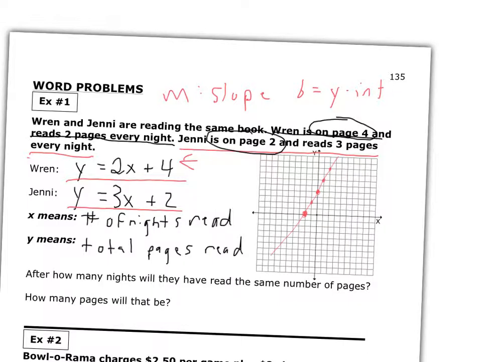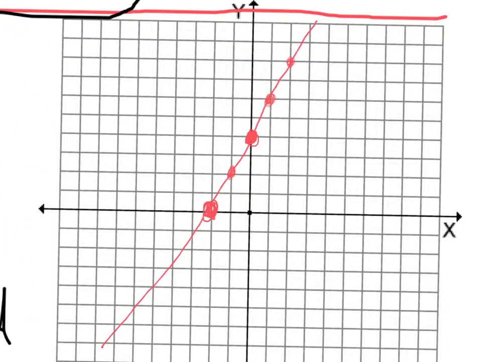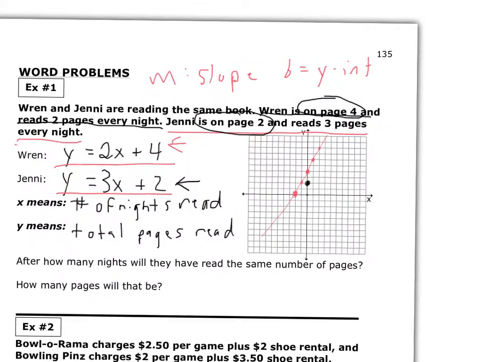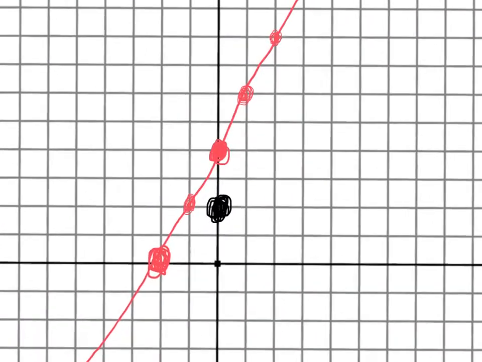And we'll do hers in black. Okay, so Jenny, her y-intercept was 2. So I'm going to go up 2, plot a point real big in black. And my slope is 3. So I'm going to go up 3 and over 1.